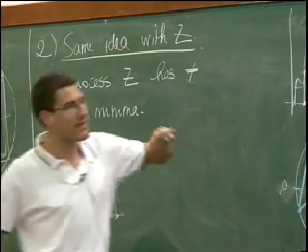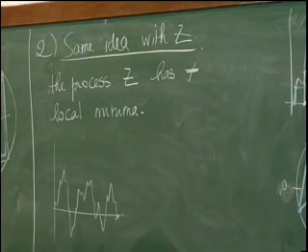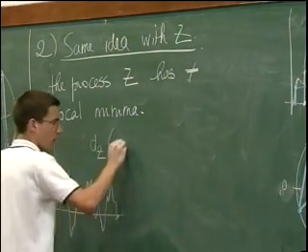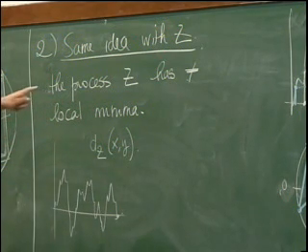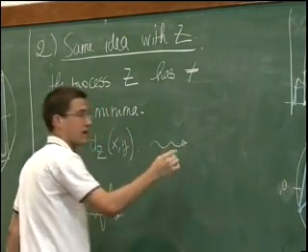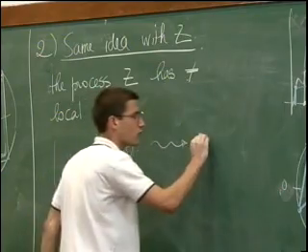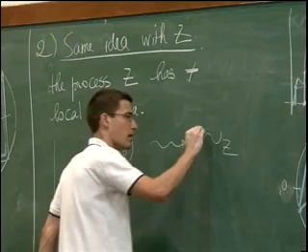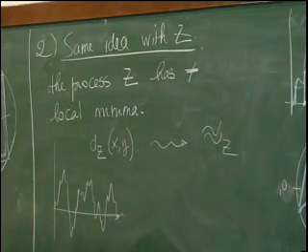And I claim that I can define exactly the same thing as what I erased. Well, you remember, I can define the distance dz between 2 points on the circle. I see the process Z as indexed by the circle, and I can define the distance dz. And this, in the very same way as we just did, gives rise to another equivalence relation that I denote tilde z, but to be very clear, I put double tilde.